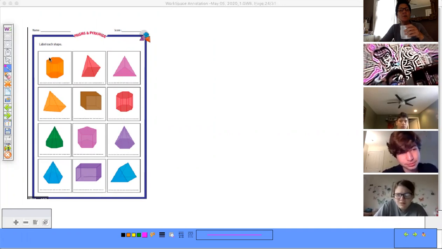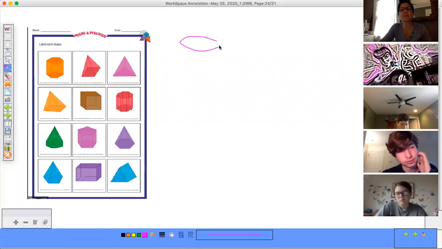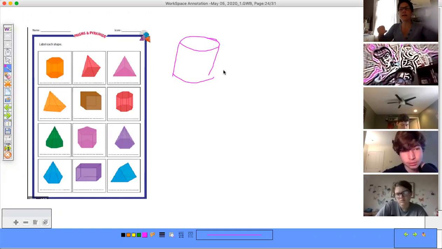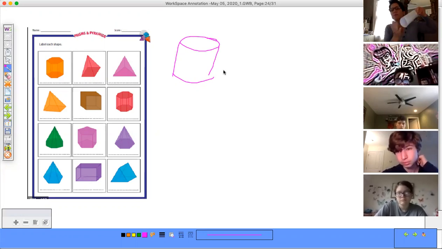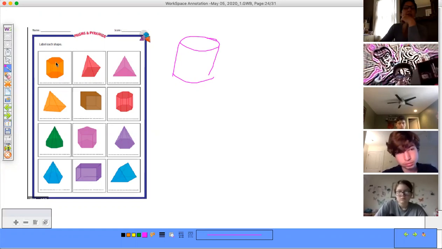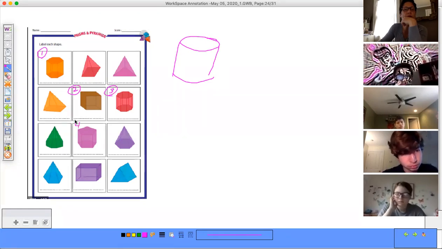It's not cylindrical because a cylinder is made up with a circle, right? It's as if I took a piece of paper and folded it, that rectangle becomes a cylinder, and the bases look like two circles, a circle here and a circle here. So that's a cylinder, but this first one here, I'm going to call this 1, 2, 3, 4, 5, and 6.